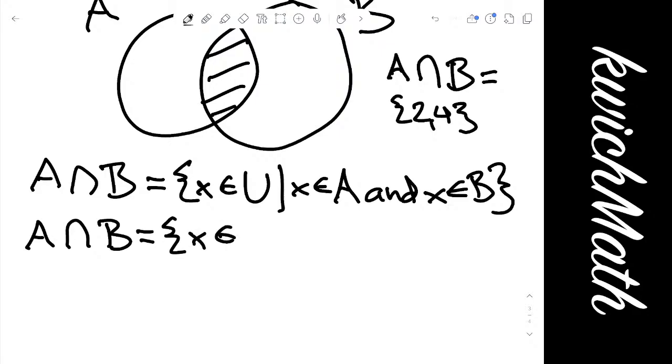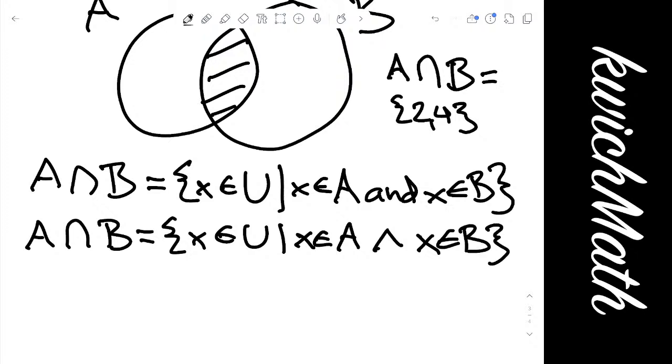So X should be in A, and we do that by doing the opposite arrow. What do you call it? I'm not even sure what it's called technically. Right. So this is a logical AND.